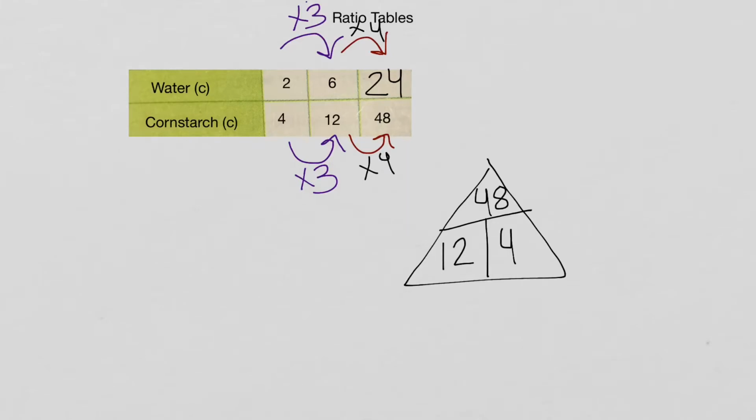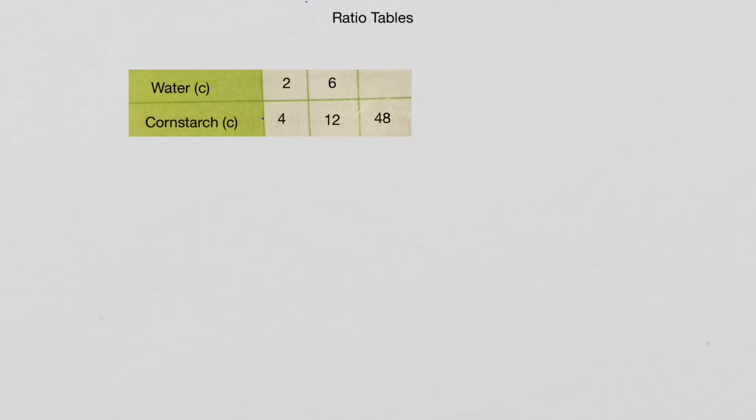Another strategy for solving for missing values is to look for vertical patterns in your ratio table. To go from 4 to 2, I divided by 2. So to go from 48 to my missing value, I would also need to divide by 2. 48 divided by 2 equals 24.